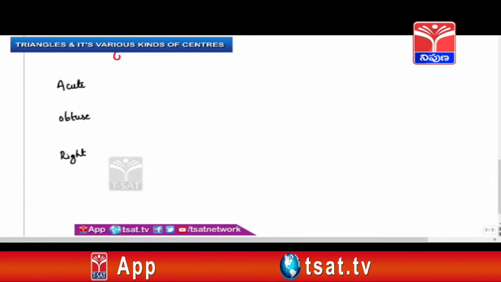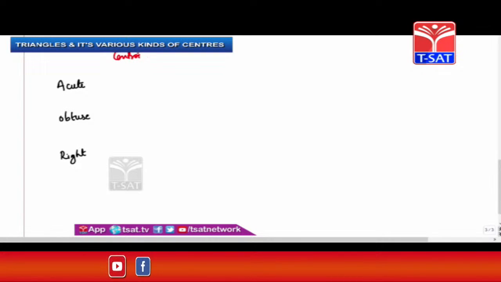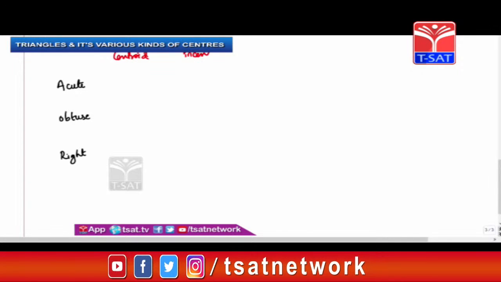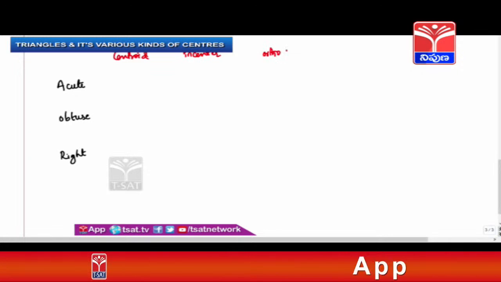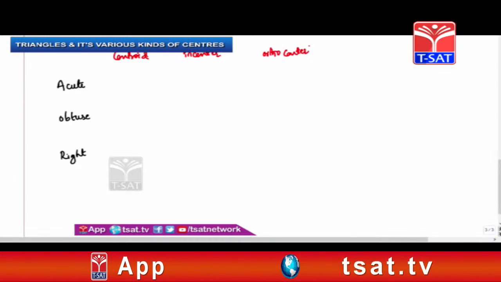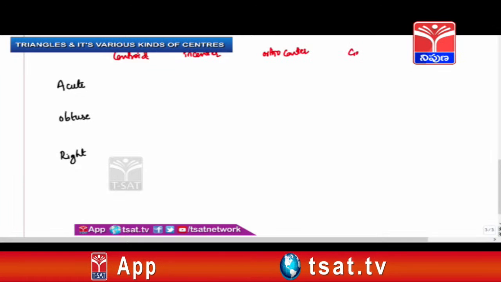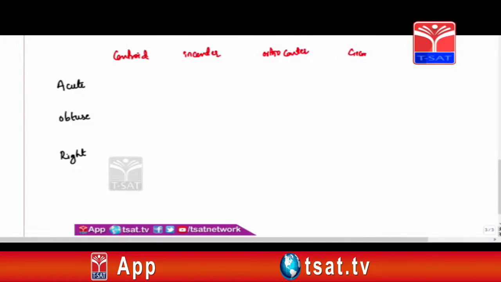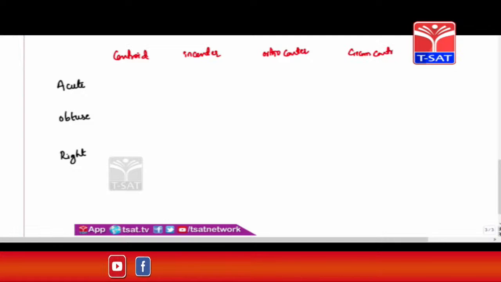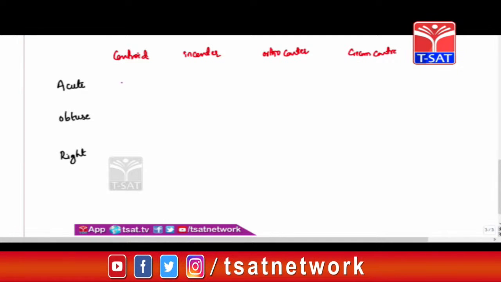First, go with the centroid, incenter, orthocenter, circumcenter. Acute, all the centers are inside.